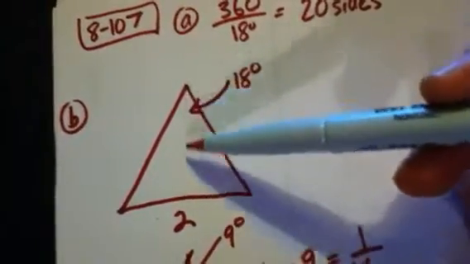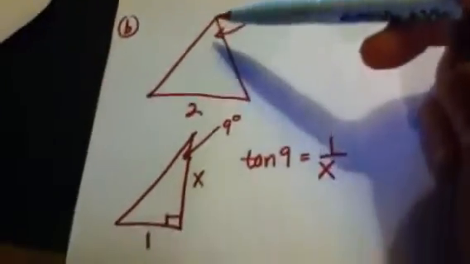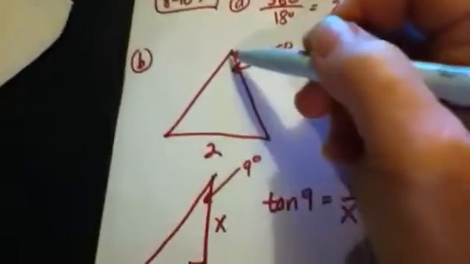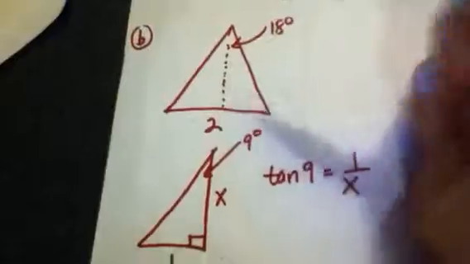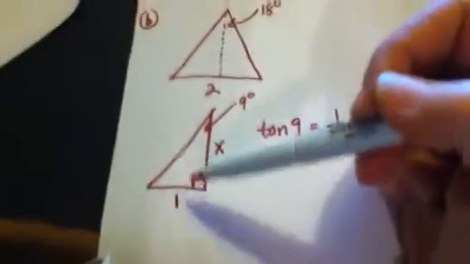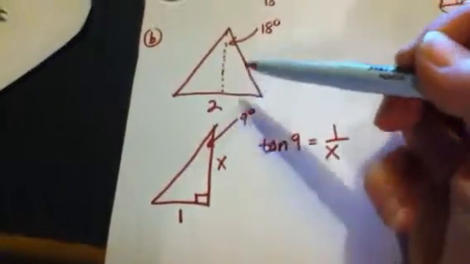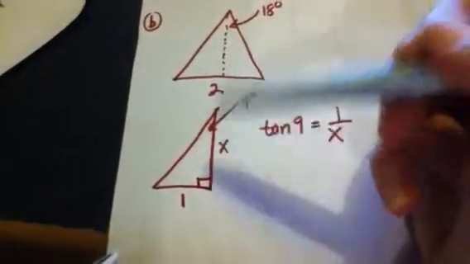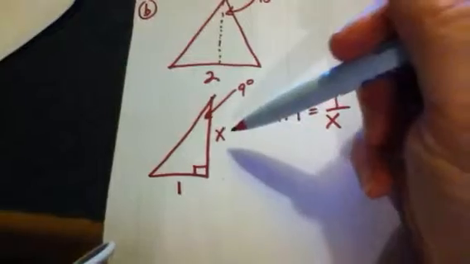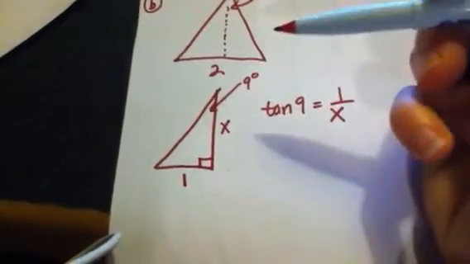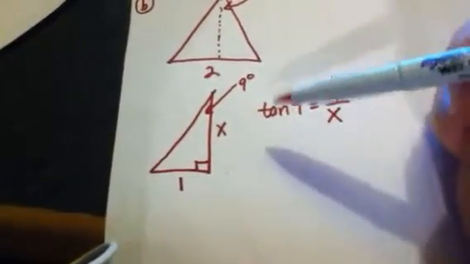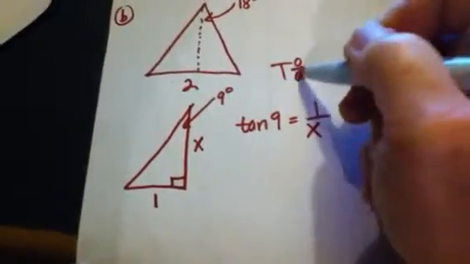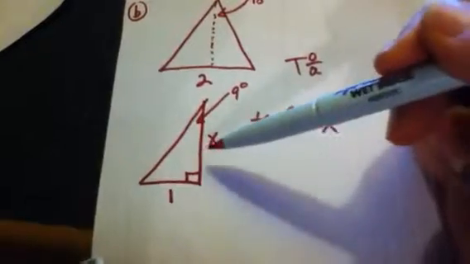I need the height, so I split it down the middle and drew a line, splitting it in half. So now this side, instead of 2, is 1, and instead of 18 up here, we have 9, because I split it in half. Then I want to find this height, and I noticed I had to use tangent, because tangent is the TOA of SOHCAHTOA, so it's opposite over adjacent.